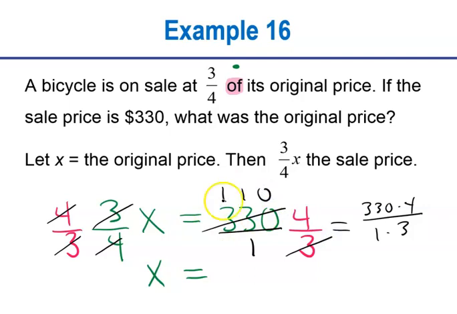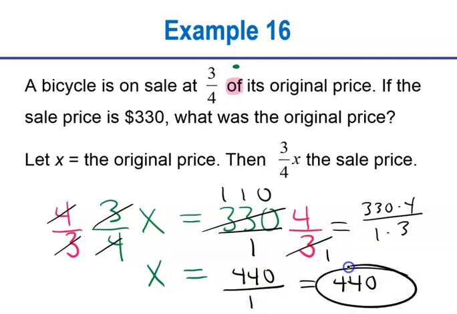Then I'm going to say 110 times 4 is 440. And by the way, that canceled to give me 1, and 1 times 1 is 1. And we know 440 divided by 1 is just 440. Now, we're talking about what units? We're talking about a price, an original price. So that would be $440 is the original price.